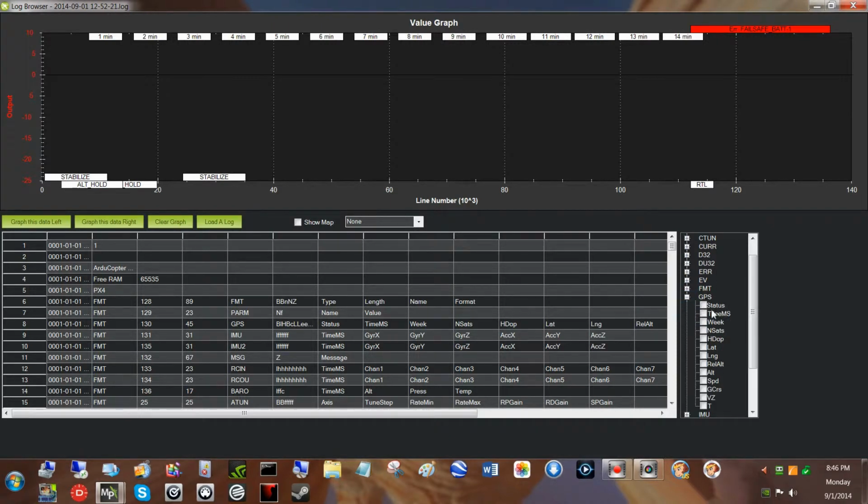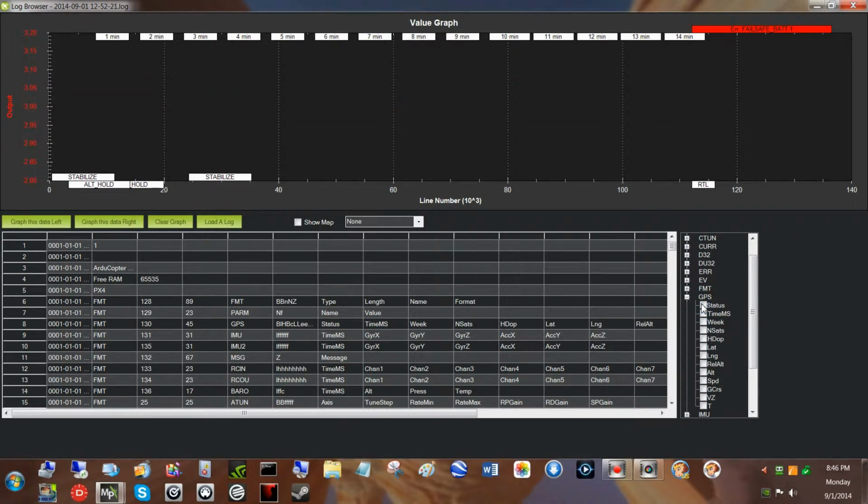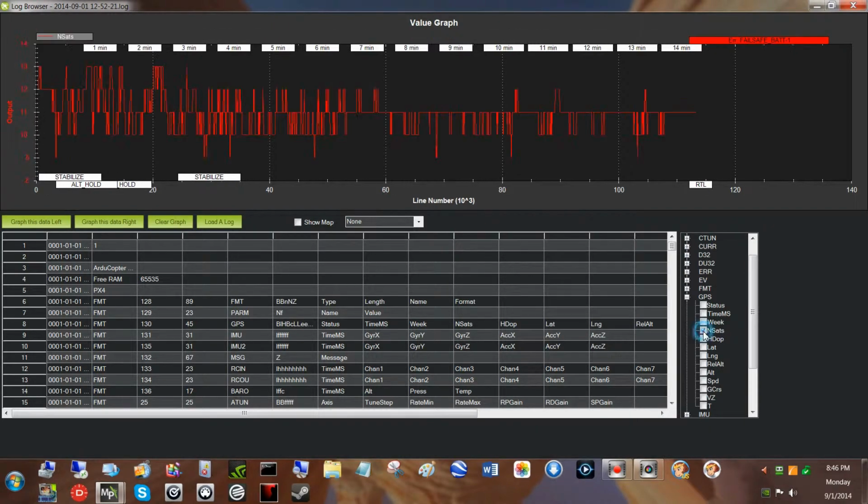I wonder what the status of the GPS was, constant over the 15 minutes. Number of satellites was as high as 13 and as low as 9. And you can see it sort of changed around during the time. The average basically was 11 satellites locked up.